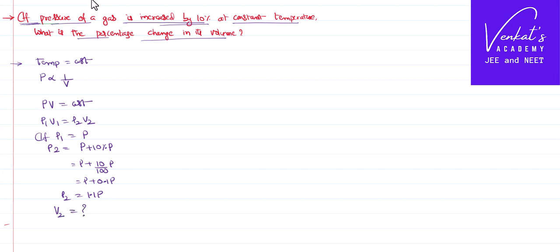For that, first of all, I have to find what the final volume is. So I can use this basic law, P1 V1 equal to P2 V2.